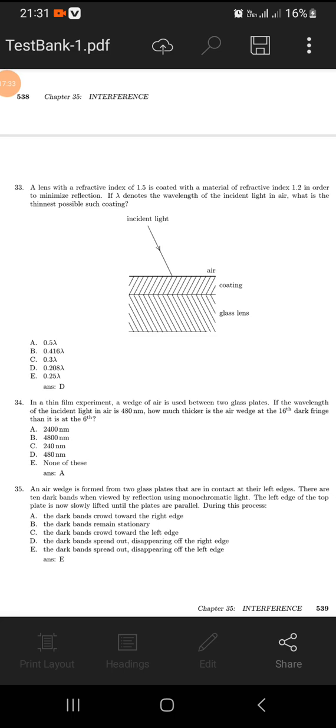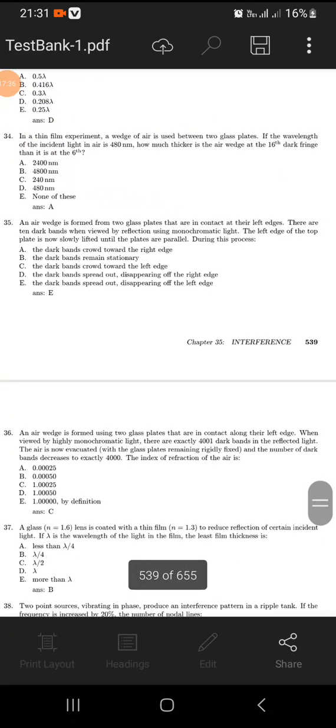In a thin film experiment, 16th dark fringe. 2400 is closer to 2500. An air wedge is formed from 2 glass plates.